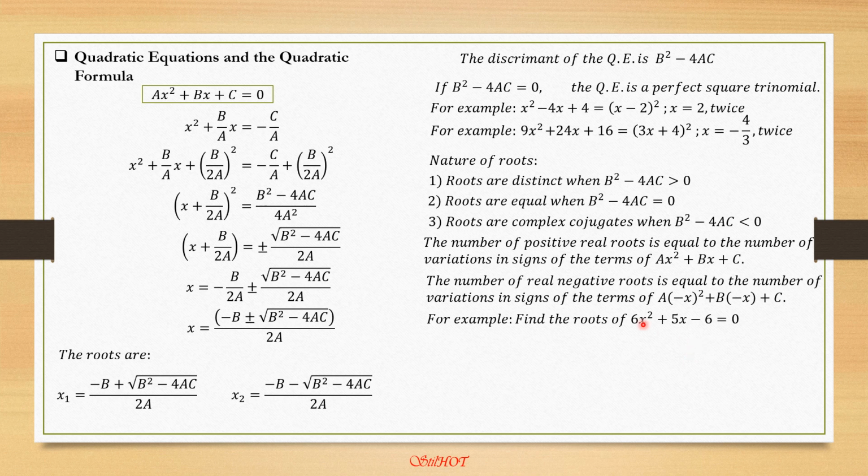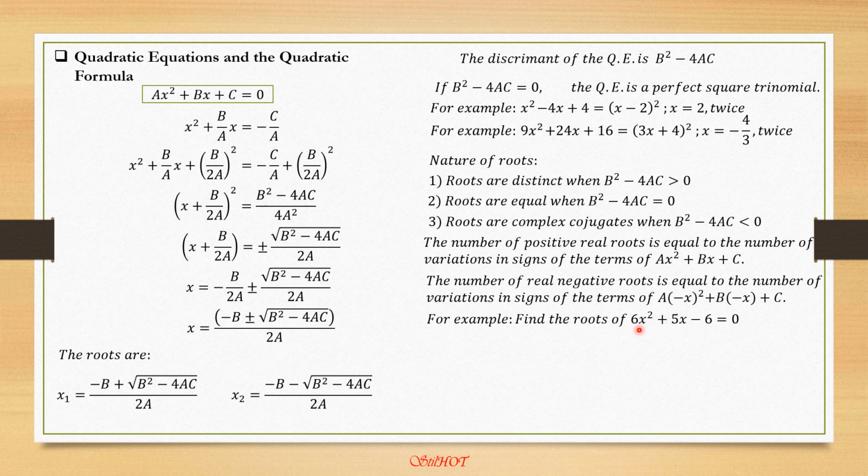Again, because there is only one variation in sign in x, plus plus minus, we expect one positive root. There's no need to check the number of negative roots because it is also obviously 1. Even if we change this to negative x, this is still positive 6x squared, this is negative 5x, this is negative 6.